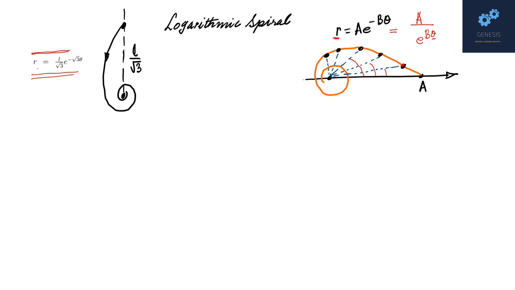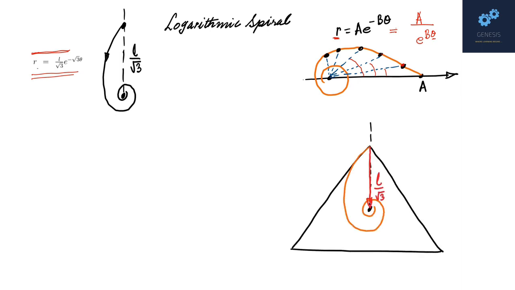Next, the displacement of the particle. Now you can see that the particle starts from the vertex and reaches the centroid, and this distance is the displacement. The red one shows the displacement, and that value is L by root 3. Now although the path has infinite number of turns, the distance traveled or the length of this path is not infinite.